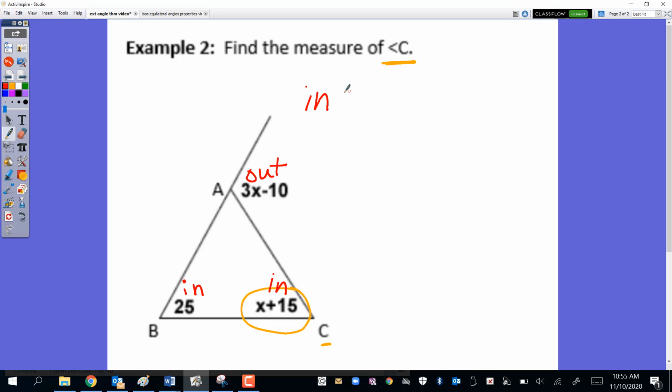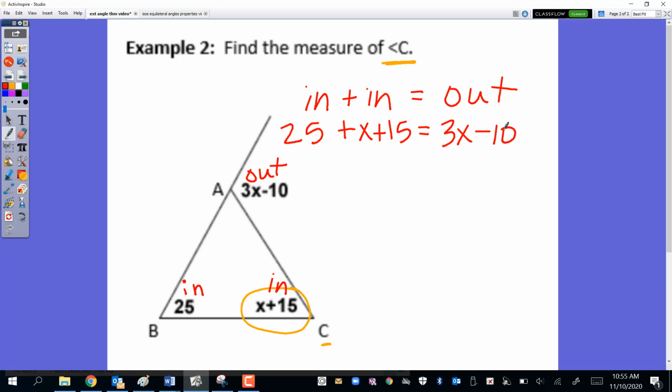So I set up my equation: inside plus inside equals outside. One of my insides was 25 plus my other inside was x plus 15 equals my outside, 3x minus 10.